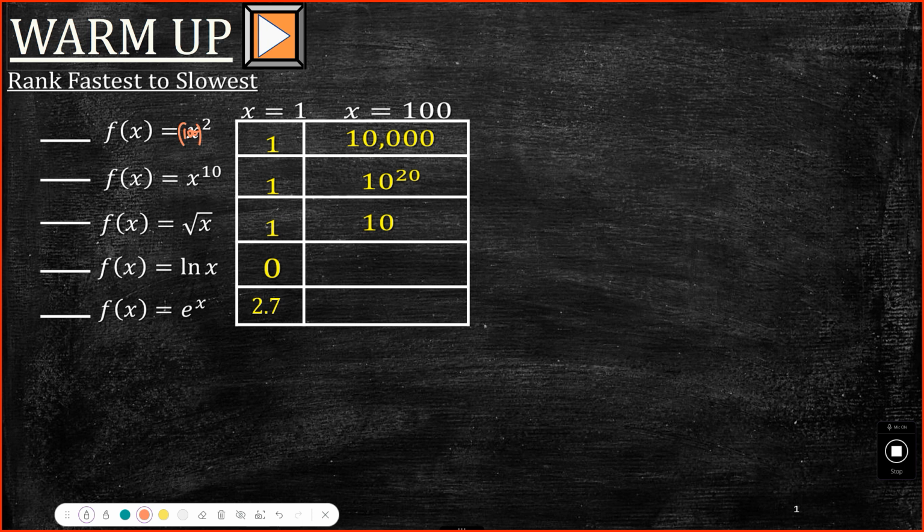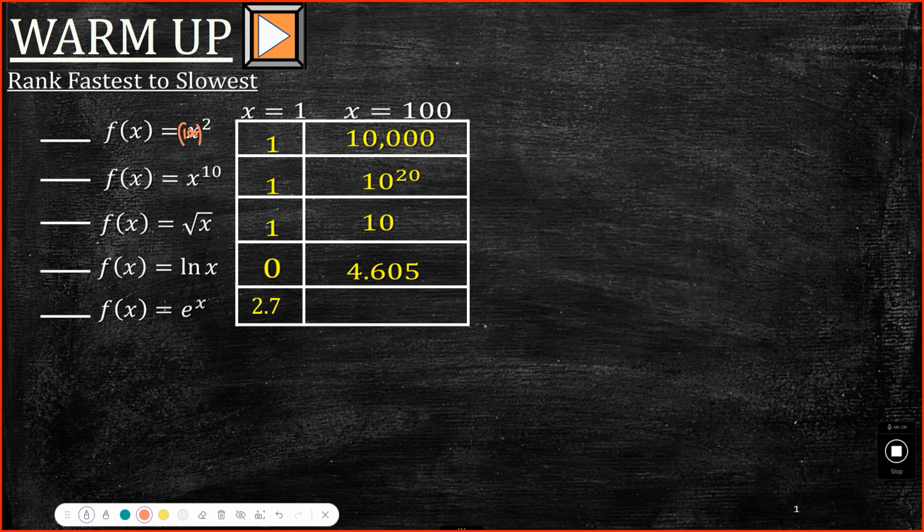Ln of 100. What's ln of 100? Put it in the calculator. 4.605. That's low. That's not even growing at all. Now e to the 100, since x is 100.